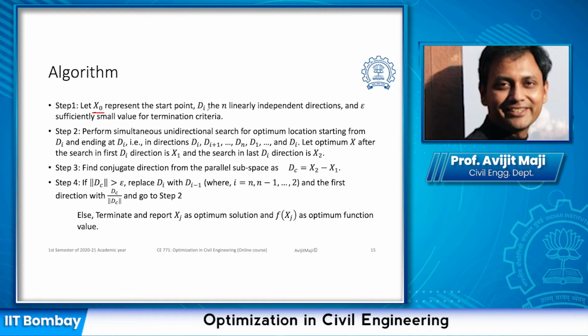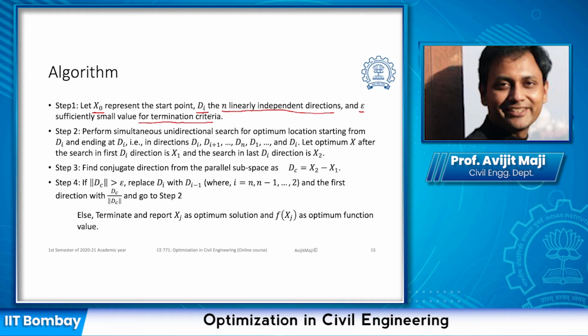We have to identify the linearly independent directions di for each variable. So if we have n number of variables, we need n linearly independent directions. Then we also need to select a sufficiently small number epsilon to use as a termination criterion.